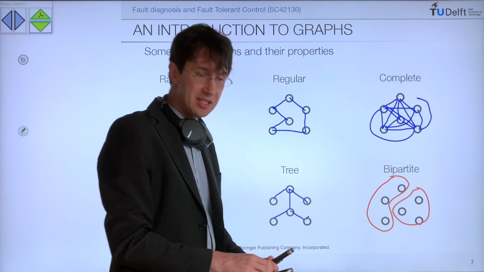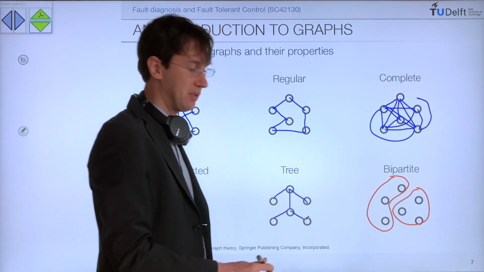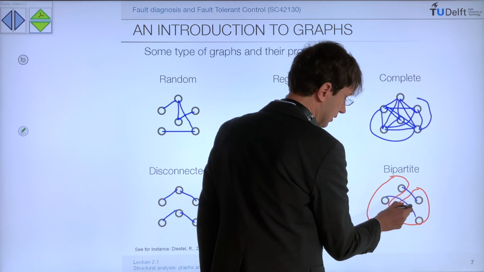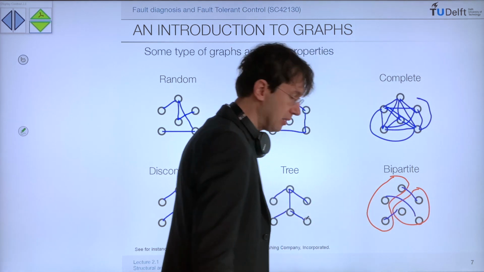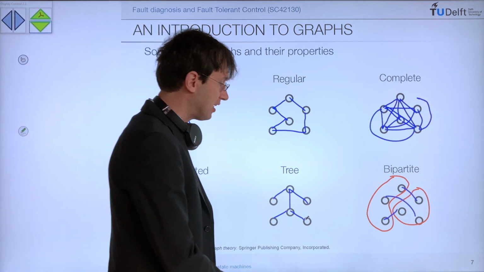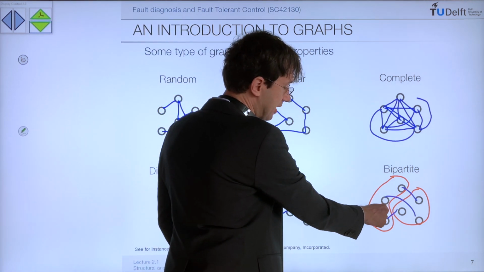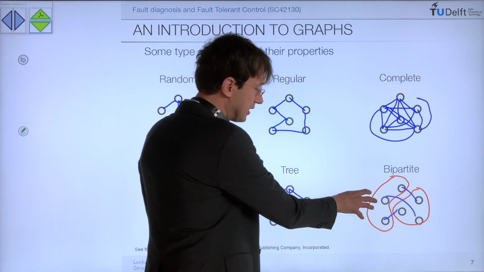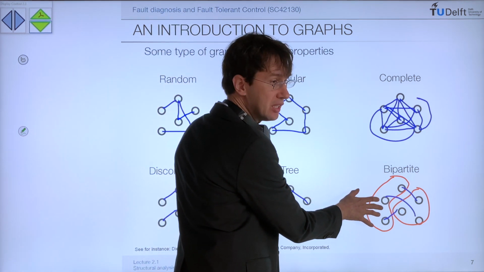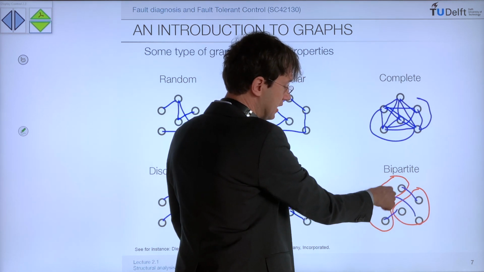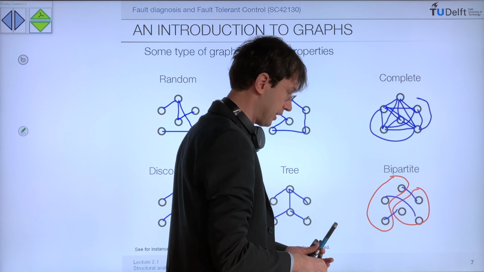And you have edges going across from one set to another, like these. But you don't have edges that go from one node in the same set to another. So nodes from this set A have an edge to some nodes in this set B, but no edge inside A, no edge inside B.